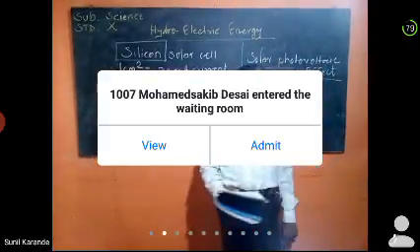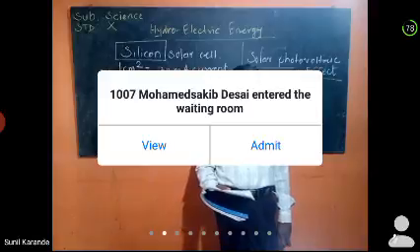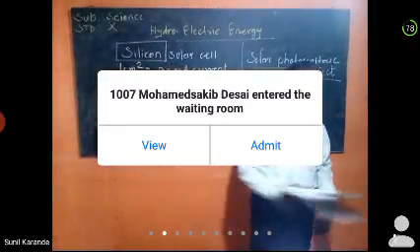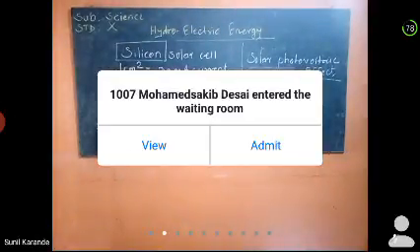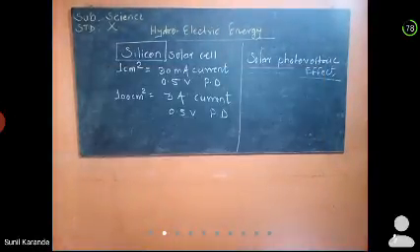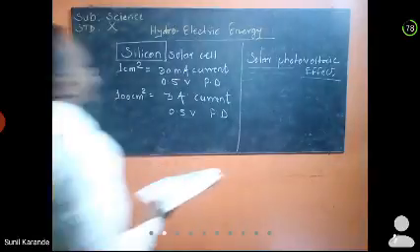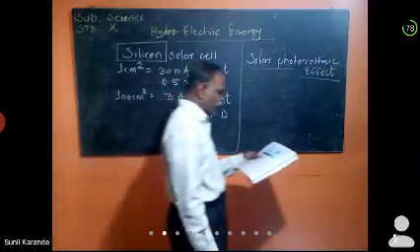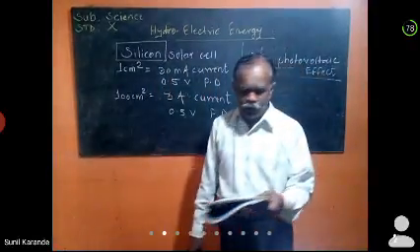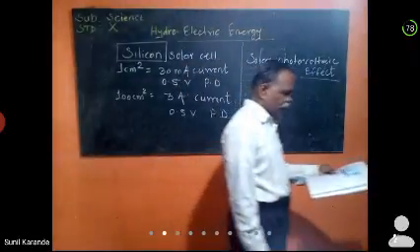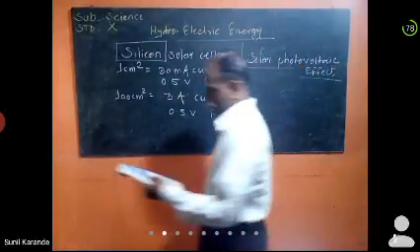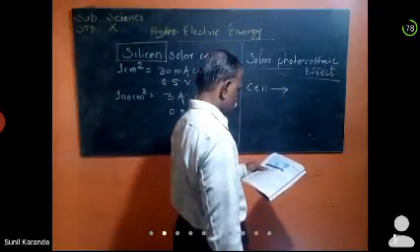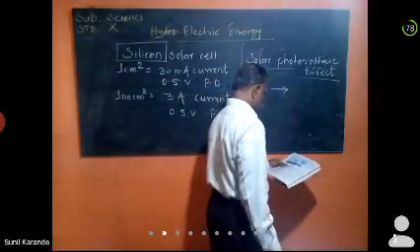Write one line: solar photovoltaic cell converts the solar radiation energy directly into electrical energy.